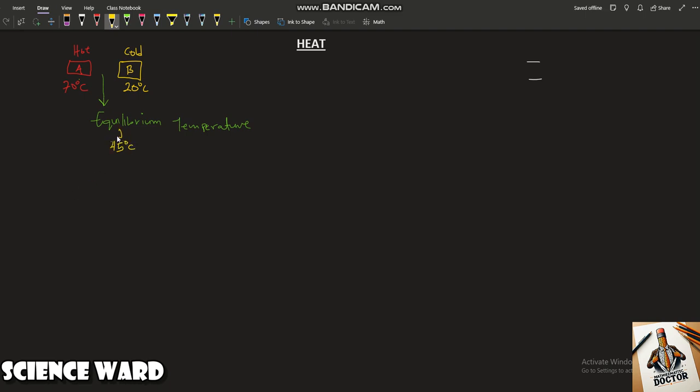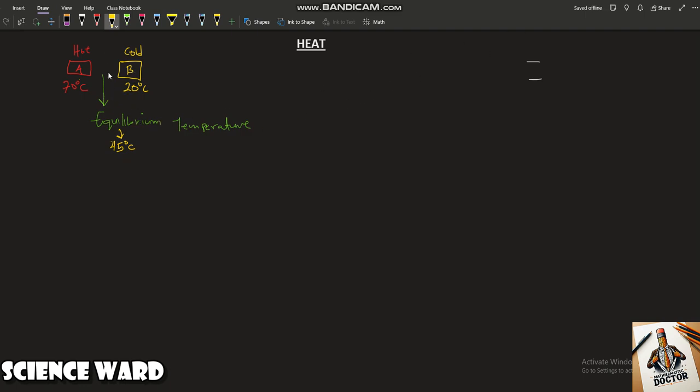So the equilibrium temperature that both of them will share might be around 45 degrees Celsius. Therefore, we say that object A has transferred some energy to object B. And this makes us understand that heat is a form of energy on its own. So we call that the equilibrium temperature, and the equilibrium temperature here is 45 degrees Celsius, like we said before.